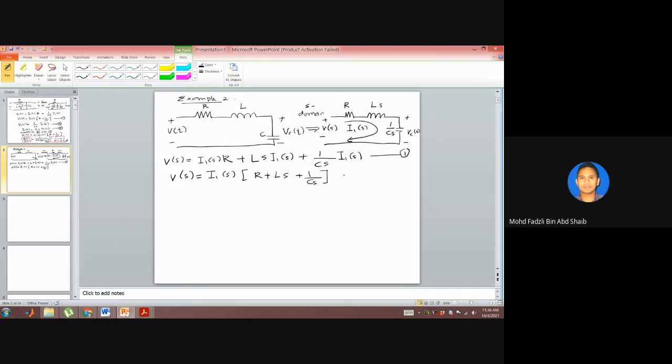This is number 1. I don't want to make more equations because it's confusing. Okay, this is equation number 1.